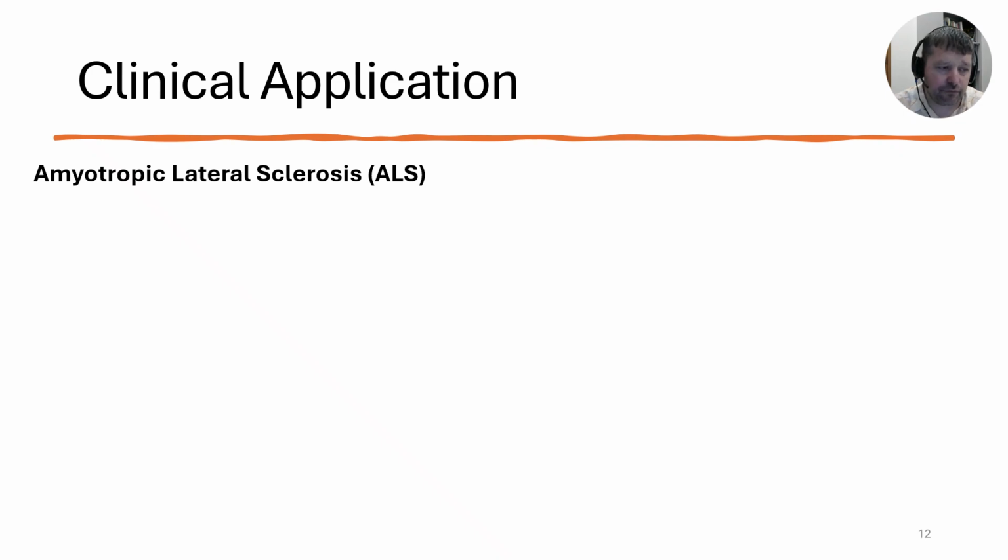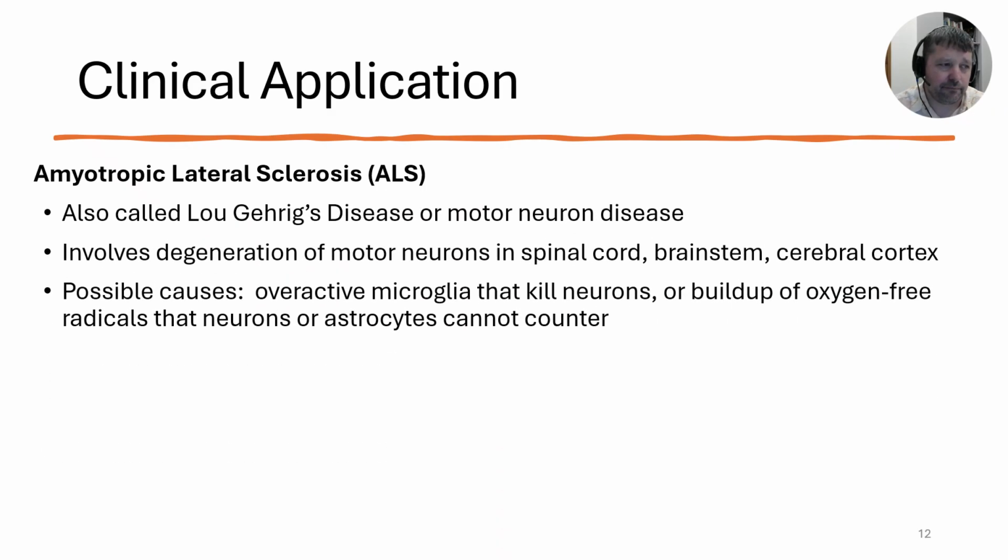All right, and let's end by talking about one situation that is a sad and very severe disease, ALS, or amyotrophic lateral sclerosis. Remember, sclerosis is scarring. We talked about multiple sclerosis, where you get scarring around the neurons, and amyotrophic lateral sclerosis is sometimes called Lou Gehrig's disease.